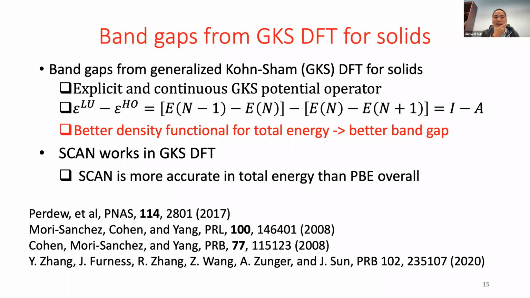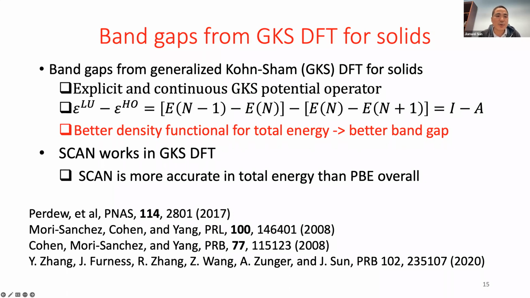Now, in the first half I talked a lot about band gaps, right? Previously we saw that the band gap cannot be predicted with the orbital Kohn-Sham band gap. Here the band gap means the fundamental band gap, which can be defined as a total energy difference, a second-order total energy difference with respect to electron number.